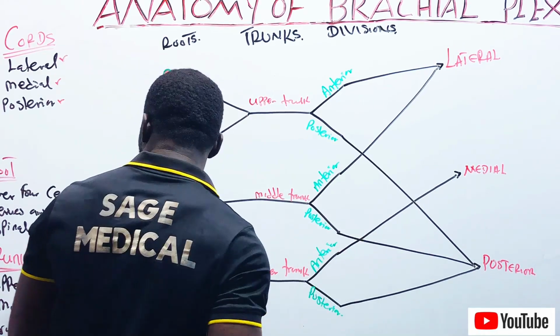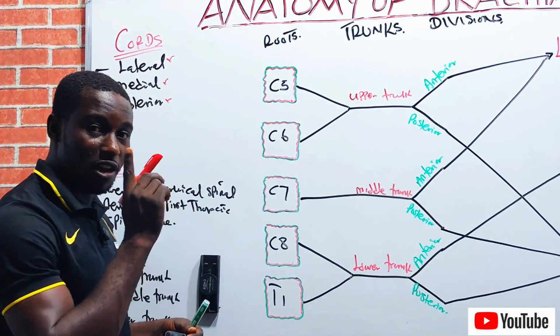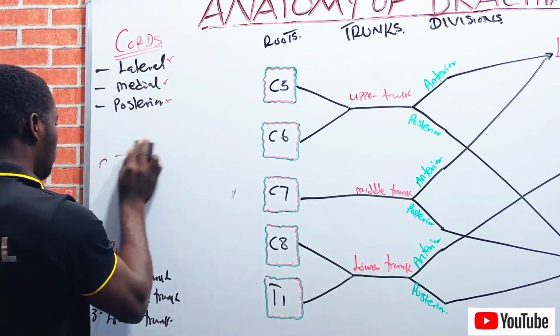So that is how it is done. Recall that the chords of the brachial plexus lie in the axilla. Very, very important. Okay, let's dive into the next.